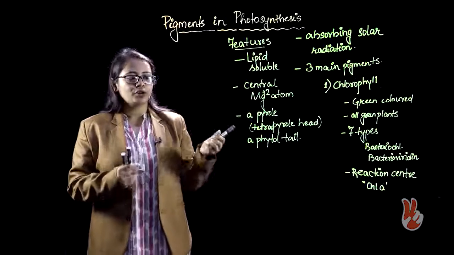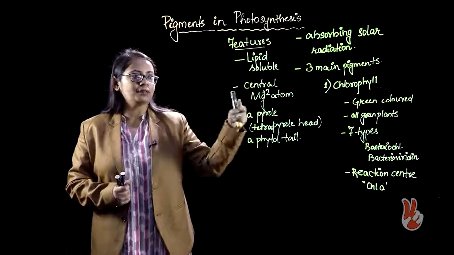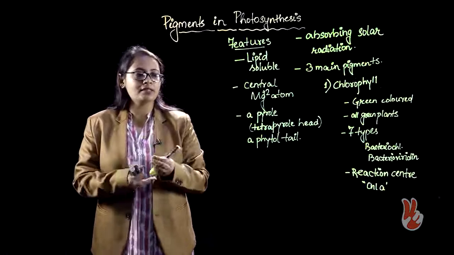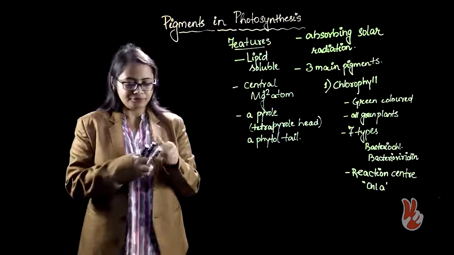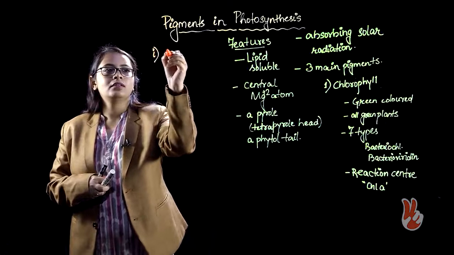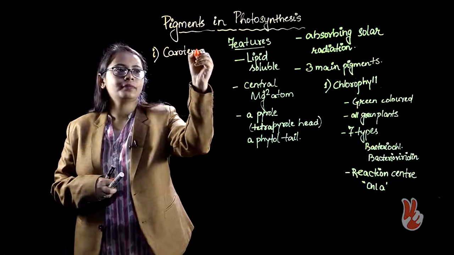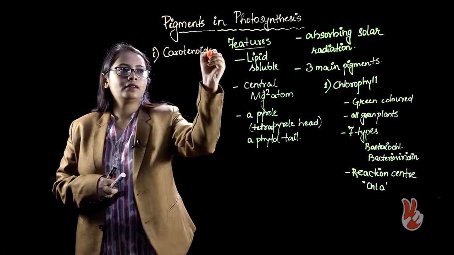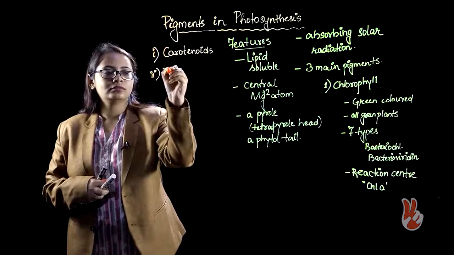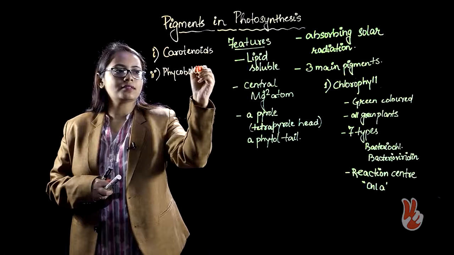Next, besides chlorophyll, which forms the most important part of the pigment system, there are two other pigments, two accessory pigments, namely carotenoids and phycobilins.